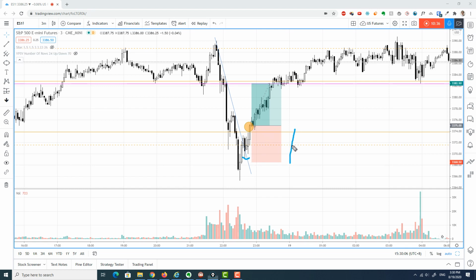You can see that this is my stop, and eventually I exit my trade at this typical support-turned-resistance level. This is the resistance level because previously it was a support, it broke and became resistance, and I just use a limit order to exit my trade.